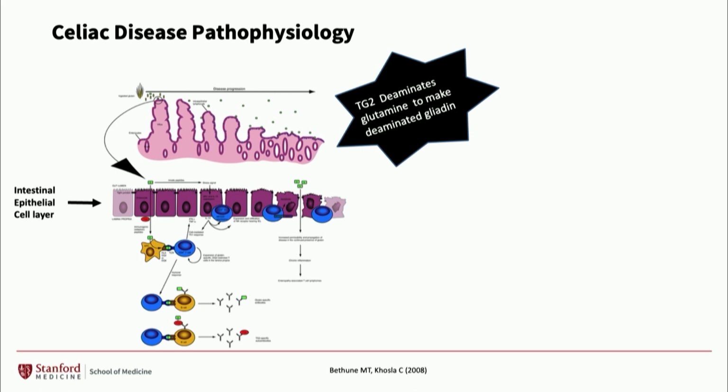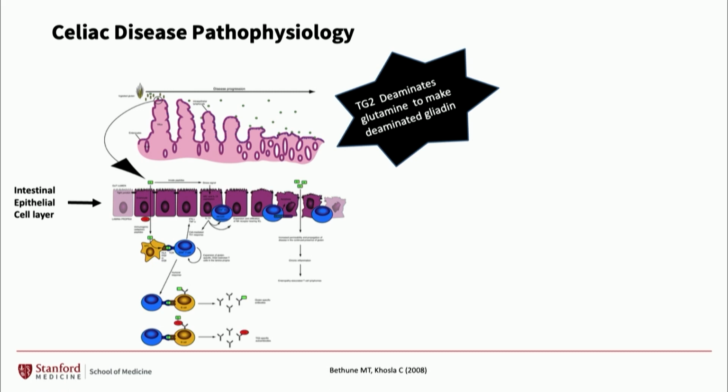One is the activation of CD4 cells, which cause production of cytokines that further increase the permeability of the barrier. The second is that CD8 cells are activated, and this leads to IELs that cause apoptosis of the intestinal epithelial cells, which is one of the mechanisms of mucosal injury.